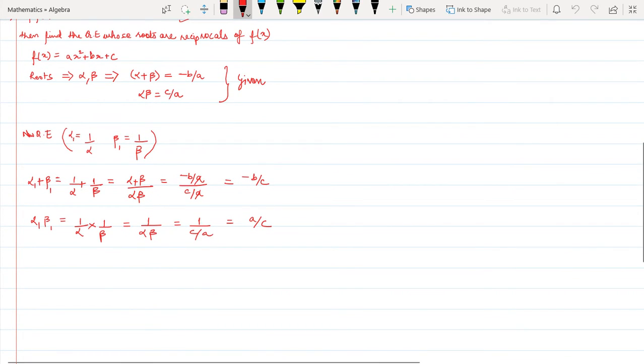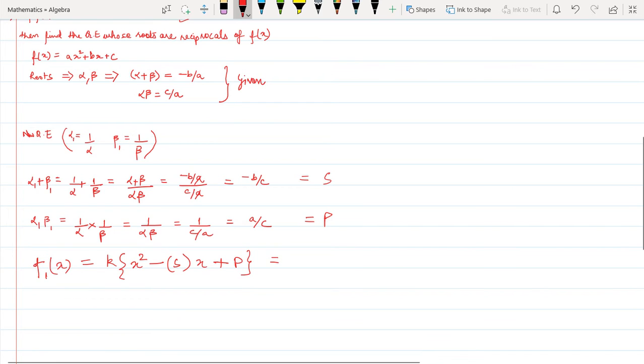Now I have to form the quadratic equation, and I know that this is my sum and this is my product for the new quadratic equation. So the new quadratic equation f1 of x will be equal to k times of x squared minus sum of roots into x plus product of roots.